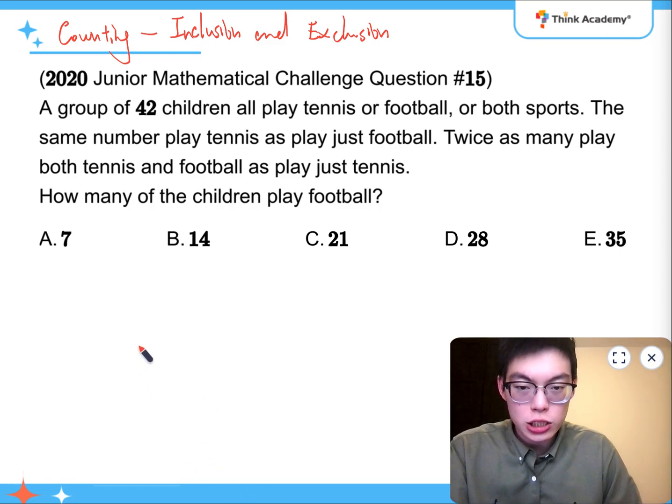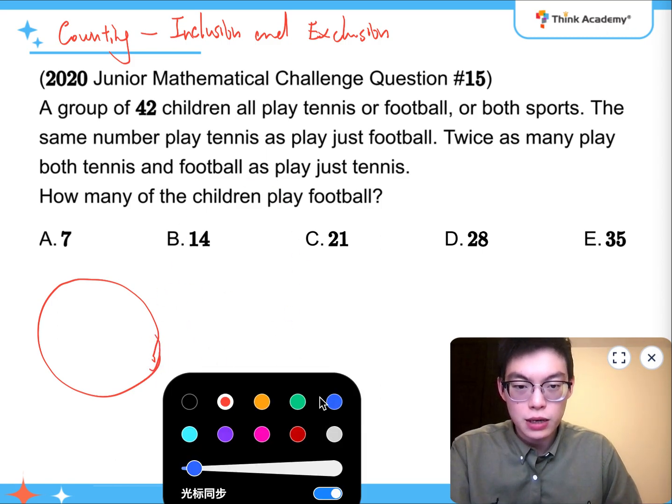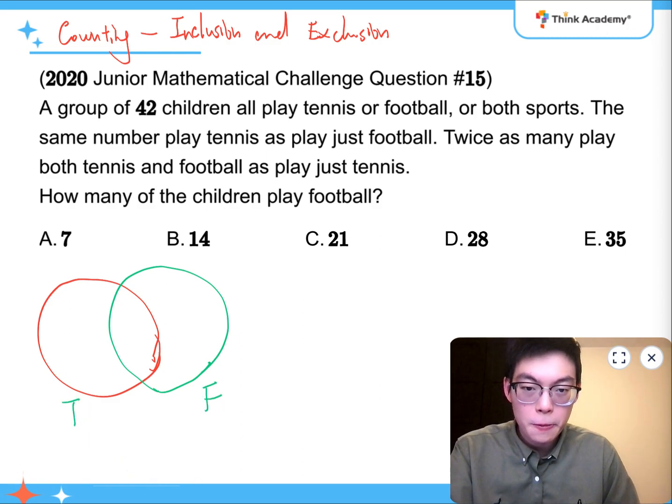So I can draw two circles as a two-set Venn diagram. Let's say one is red and the other is green. This one is for tennis, and this one is for football.